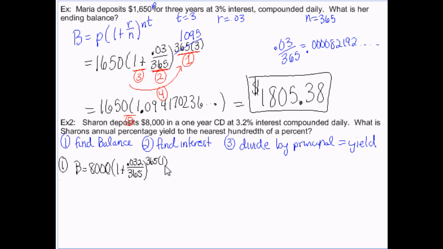So that's just going to be 365. So I'm going to do 0.032 divided by 365 plus 1, raise it to the power of 365, and then multiply it by 8,000. She's going to have 8,260.13.